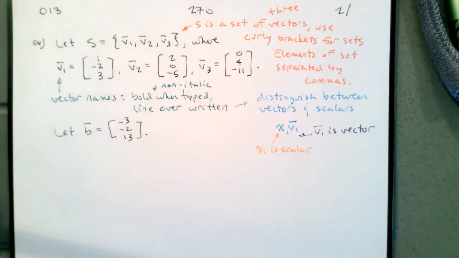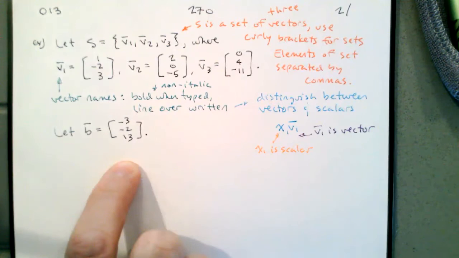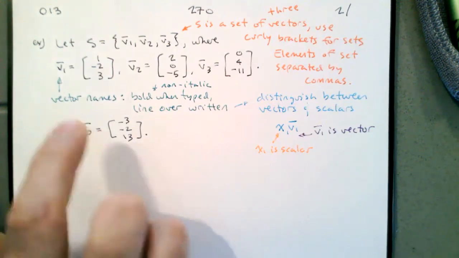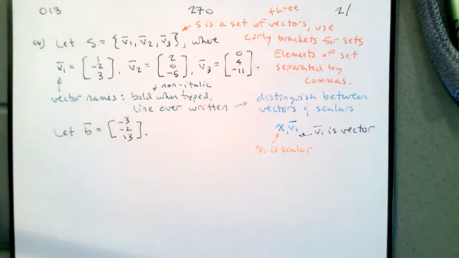Now I'm going to write the same question a bunch of times in different forms. Given this setup, I've got a bunch of vectors and I've got a vector not in that set. So the question becomes, is B a linear combination of the vectors in S? Is B a linear combination of V1, V2, and V3?